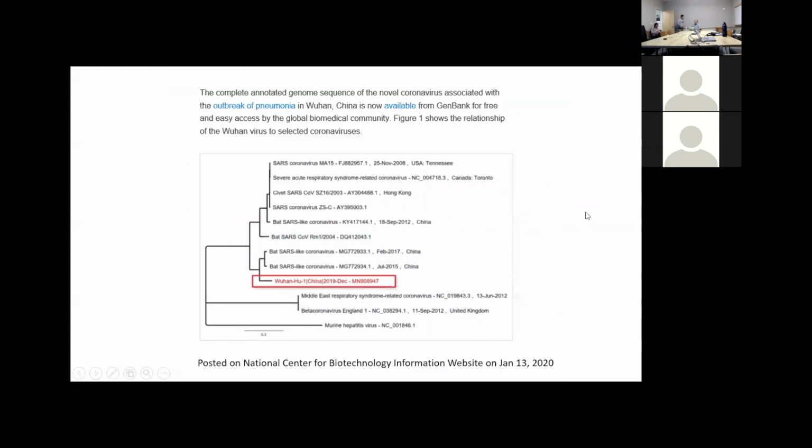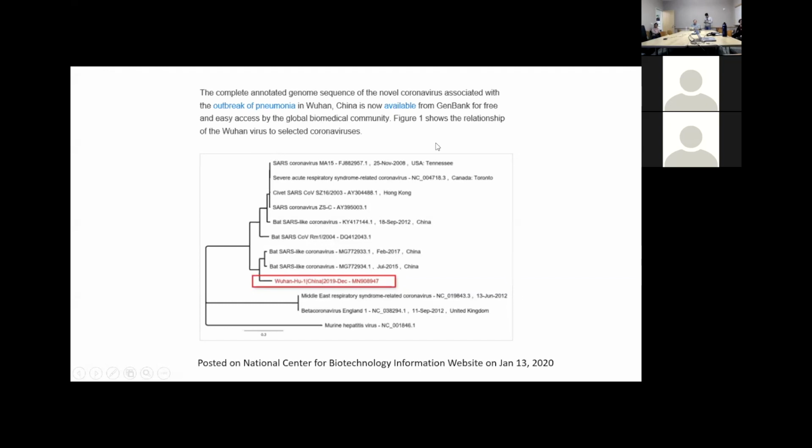Okay, and here is another relationship slide that shows the Wuhan COVID-19 virus and its relationships to the other SARS viruses. And note in particular these bat viruses, because this is really the animal that the coronavirus probably ultimately came from.